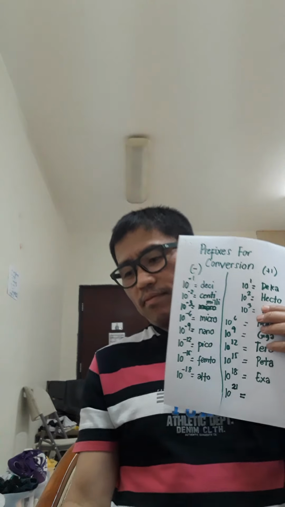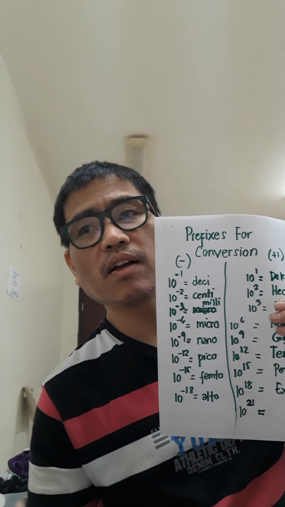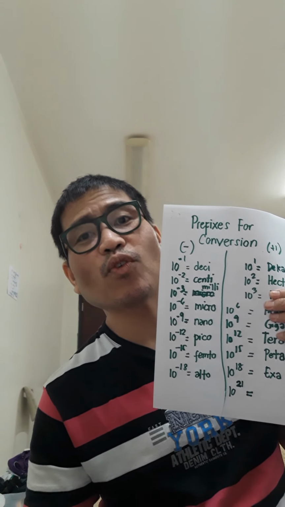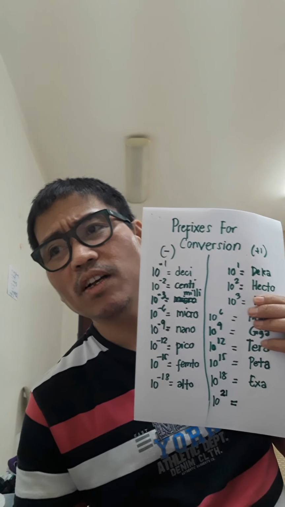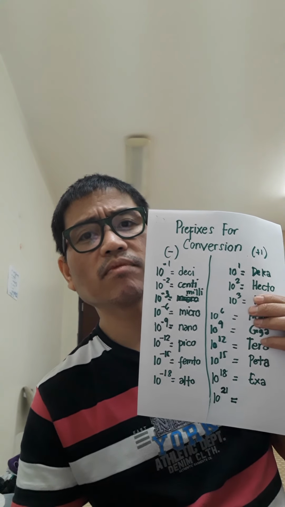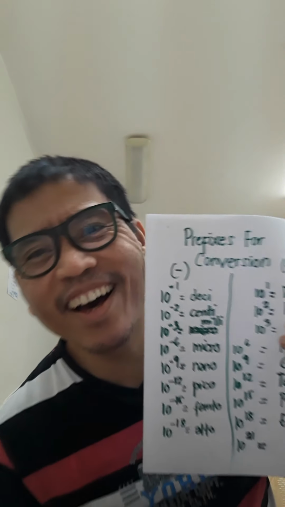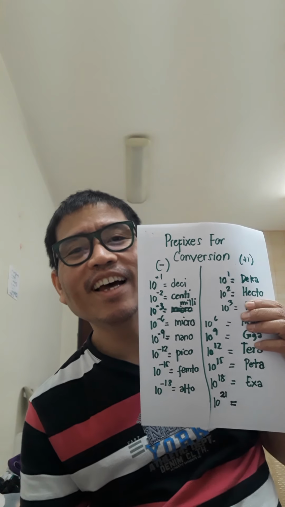But in positive, we have 10 to the 21. What is 10 to the 21? Research for that, I forgot also. I think it's zetta, Z-E-T-T-A.